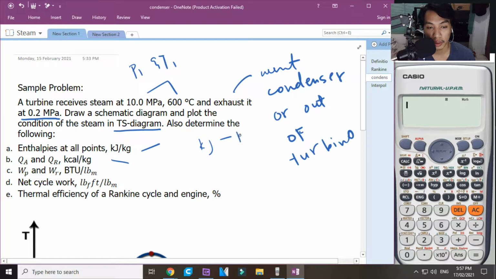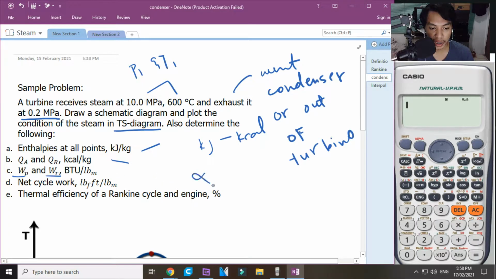Then the work of the pump and the work of the turbine in BTU per pound mass. The net cycle work in foot-pound per pound mass and then the thermal efficiency of the Rankine cycle.